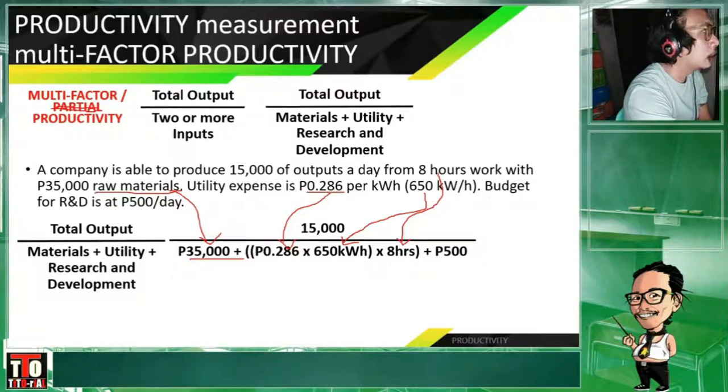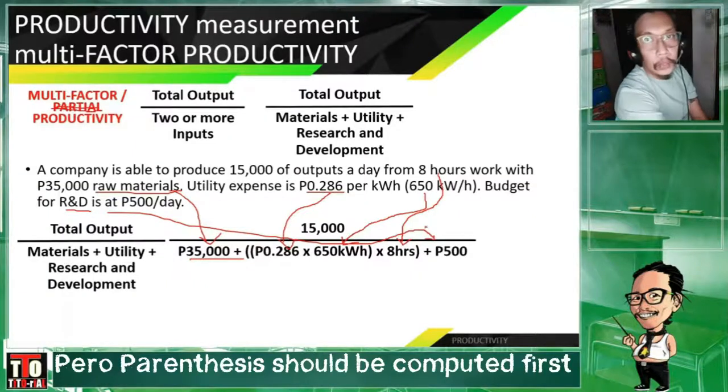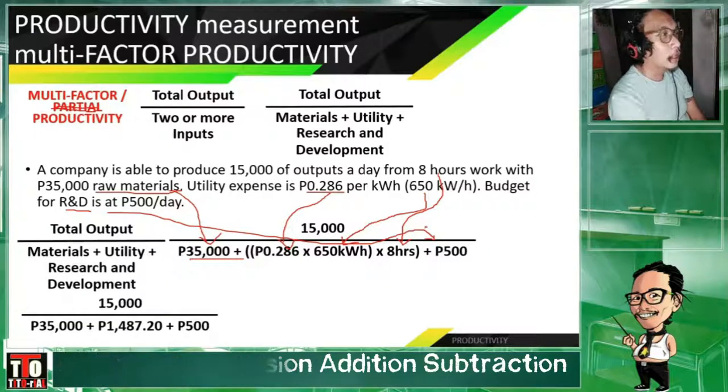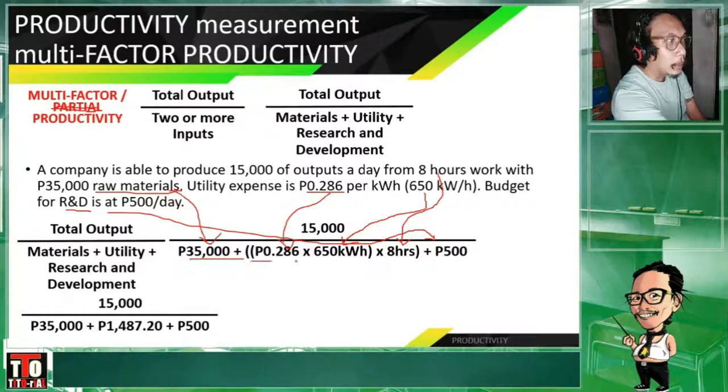Then, our budget for R&D is 500 pesos. Okay? Now, following the rule of MDAS. We're familiar with MDAS: multiplication, division, addition, and subtraction. So, we first solve what is in the parentheses. Okay? So, 0.286 times 650. Once you get that, multiply it by 8. So, you could try this one out.